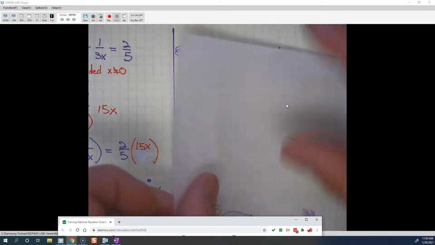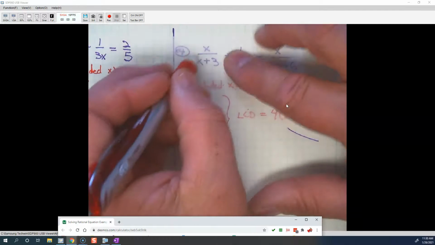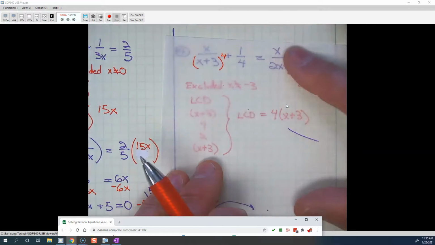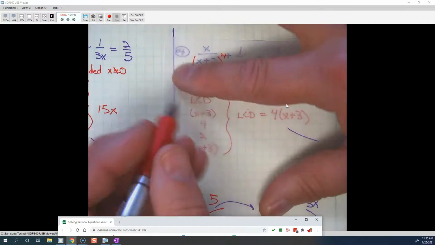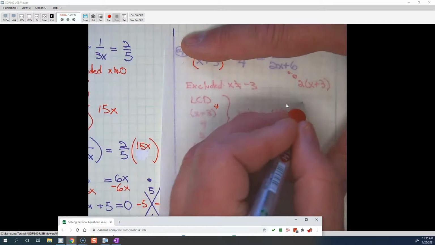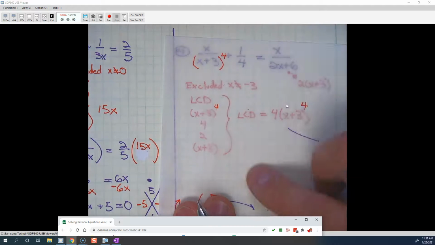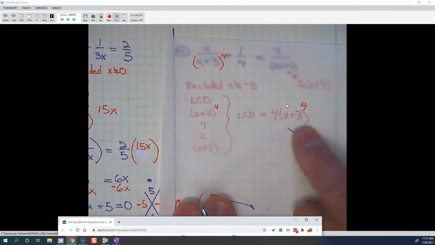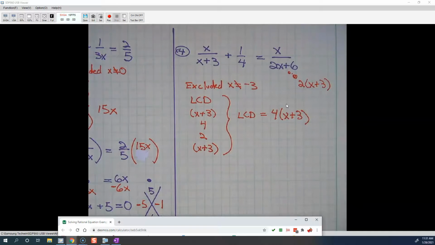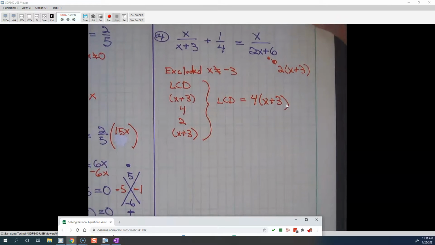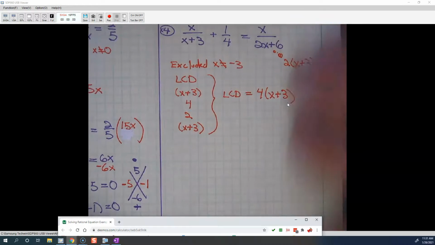What I mean by the powers would be, let's say that this first one was x plus 3 to the 4th. Then this would be a 4. When they're common, you take the larger power of the two. And now it's just doing a bunch of arithmetic. Or algebra, I should say.